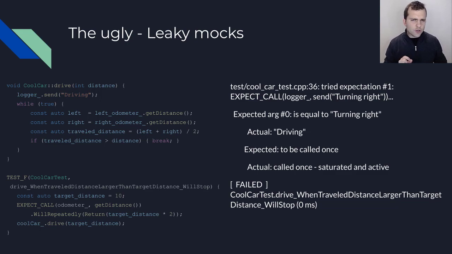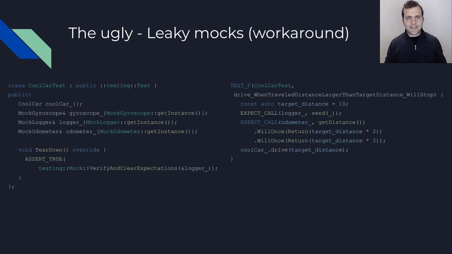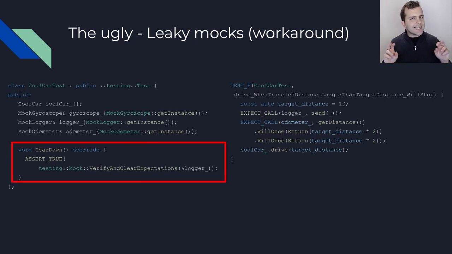In case you did not already notice, there is a rather uninteresting call to send with the argument driving that we would typically omit from our unit tests due to its lower importance. Thankfully, there are 2 workarounds for this. The first one involves resetting the mock after each test case.